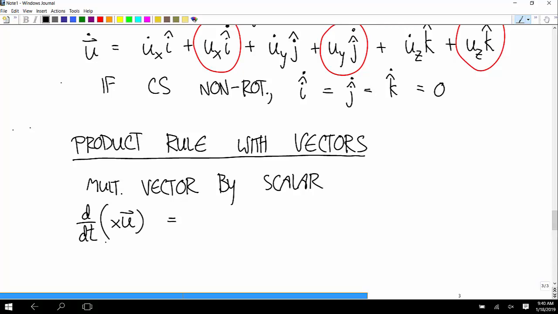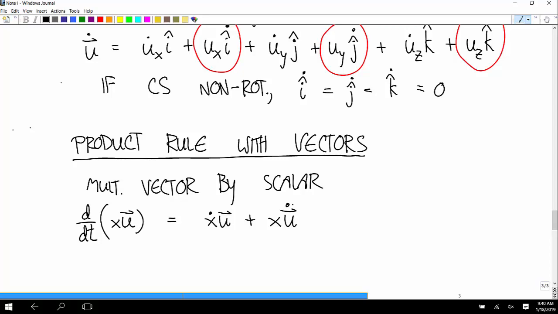That says a total time derivative of everything inside there. But what would you guess the product rule is here? This is a safe space. Okay, so it would be x dot u plus x u dot. So it works just like the product rule for scalars.